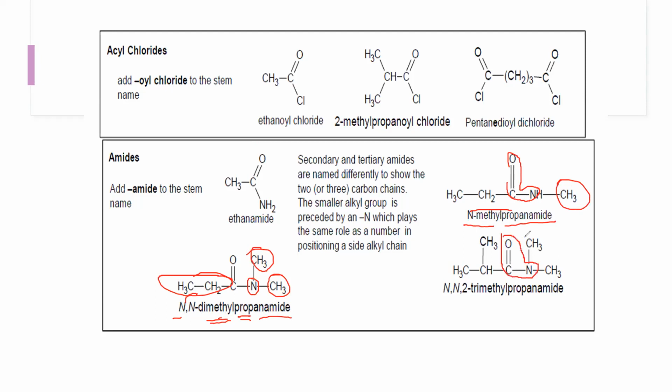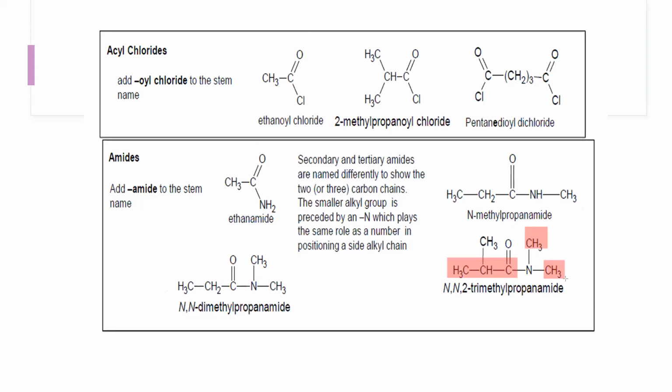So C double bonded with O, and N groups are there, and then there's also another branch. As you can see, this is one branch which is attached with nitrogen, another branch attached with nitrogen, and another branch attached with the carbon chain.